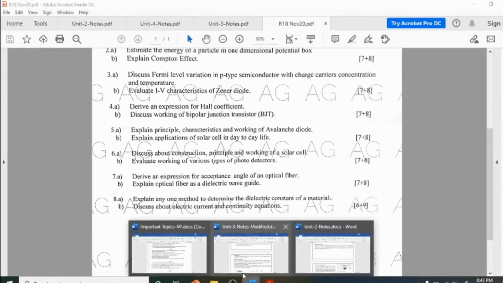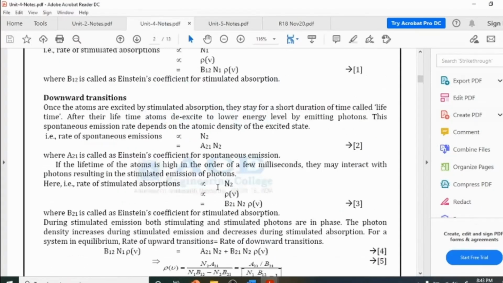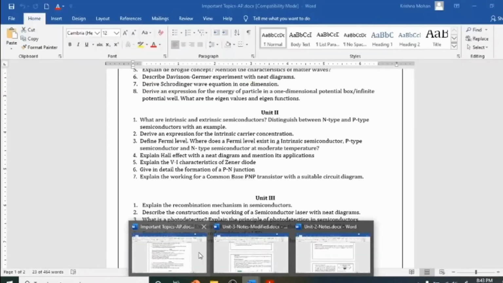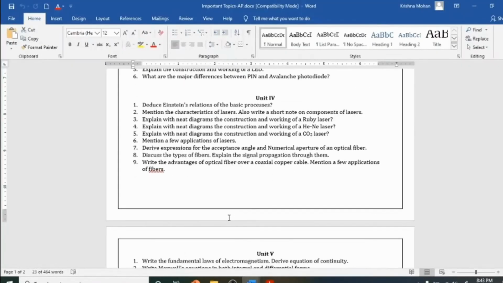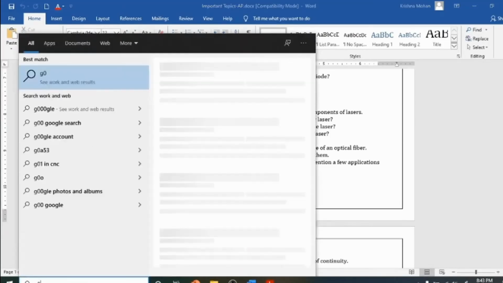Now coming to the fourth unit, you may get questions from lasers this time. So what are the important questions in the fourth unit? Einstein relations are important, that was asked, and then the components of laser and the types of laser. Ruby laser, helium neon laser, and CO2 laser. These topics are again available on our website.